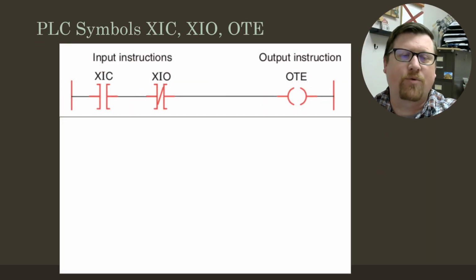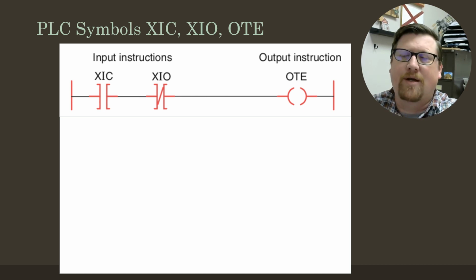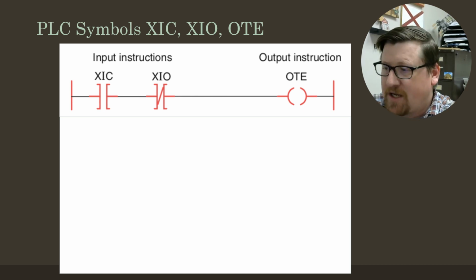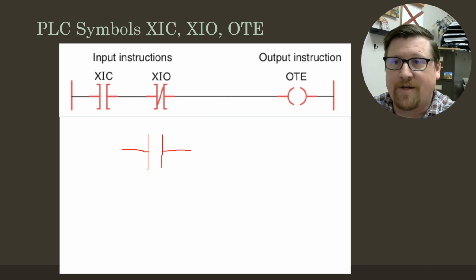Okay, so the first thing that we're going to talk about is examine if closed, examine if open, and OTE. Those are the three basic instructions for a PLC program. If we take a look at the XIC, it looks a lot like, from your motor control page, a normally open contact, but it's not the same thing.